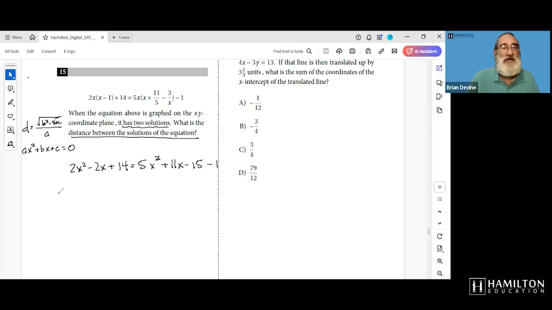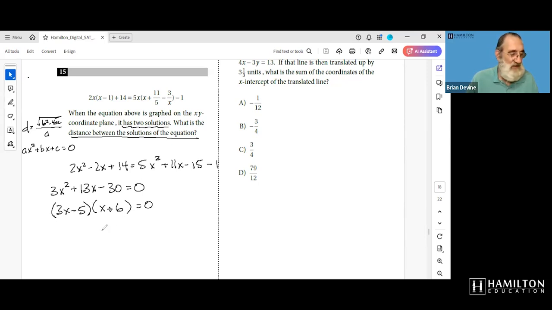And that's going to clean up to 3x squared plus 13x minus 30 equals 0. And that's got a factor as 3x times something, and x times something equals 0. And however you factor, to get the negative 30, I probably had negative 5 times 6 or negative 3 times 10, like that. But you'll come to that, whatever way you factor.